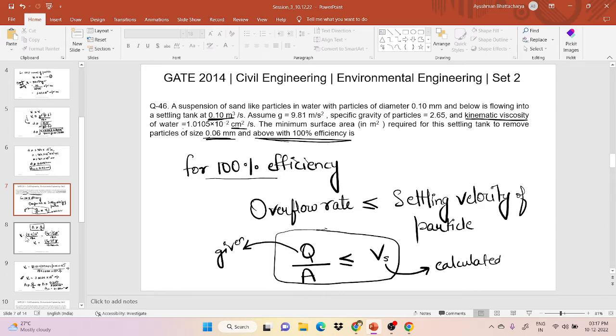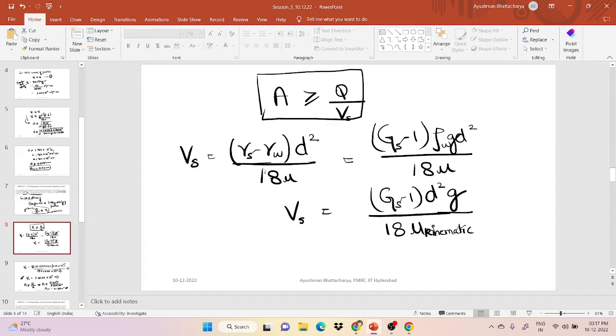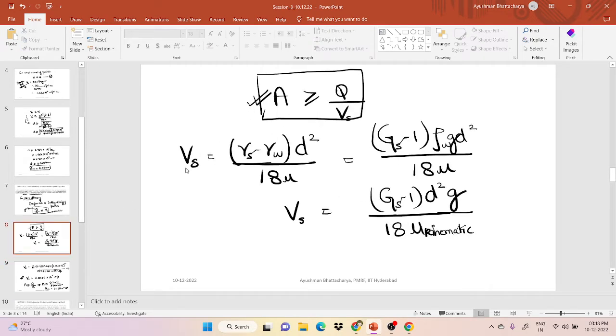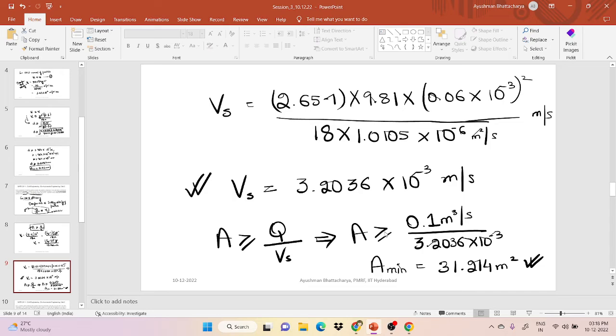Vs we calculated with the general Stokes law equation. Using that Vs, 3.2036 into 10 to the minus 3, we substituted in this equation and got the value of area. A minimum was 31.214 meter square. Okay, so we will proceed with the next question.